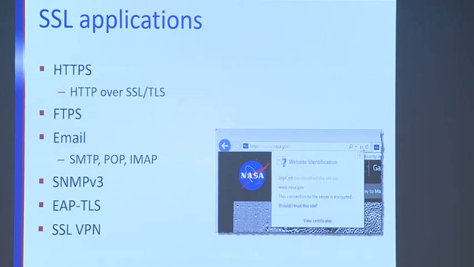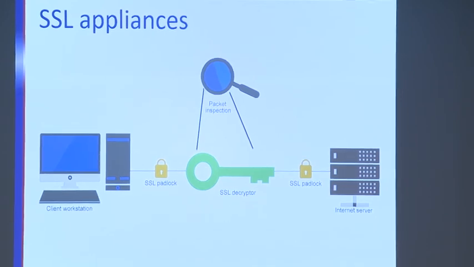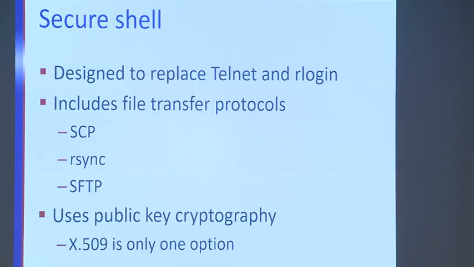We also use the SSL VPN, another SSL technology. My SSL appliances will have what's known as the SSL decryptor inside of it, which allows someone to decrypt the packet to see what's going across my wire. I might use this to see if the words secret or for your eyes only are on my data going across. That's what the SSL decryptor does for us.